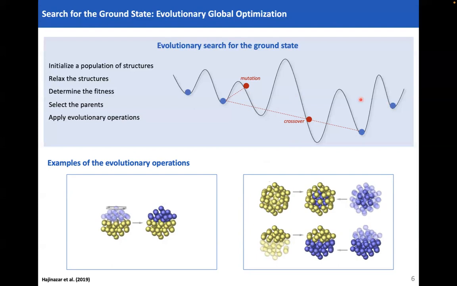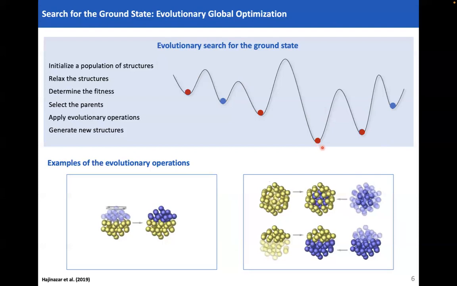In any case, once we come up with the new population as a result of applying these evolutionary operations, all that's left is to redo this cycle. We start by locally optimizing these structures and then evaluating fitness and so on, until a certain number of iterations is exhausted or a desired convergence of fitness has been achieved.